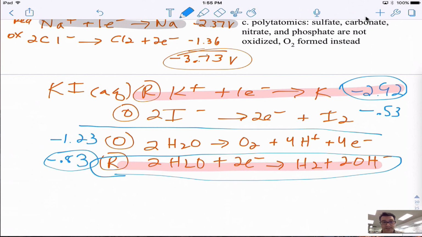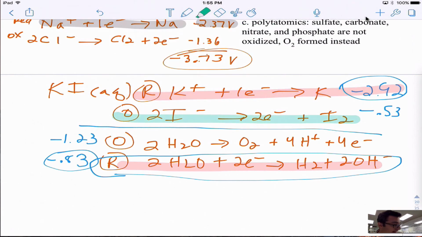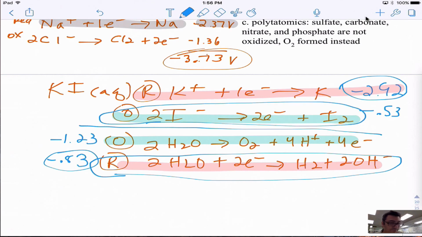Now let's look at the oxidations. Between I- being oxidized and H2O being oxidized, it takes less energy for the iodine to be oxidized. So the iodide will form iodine.